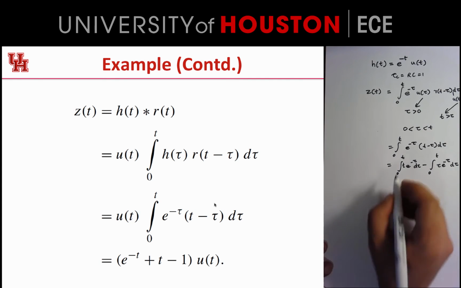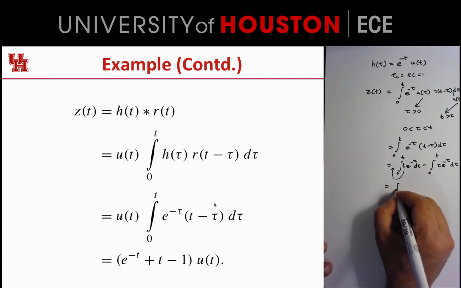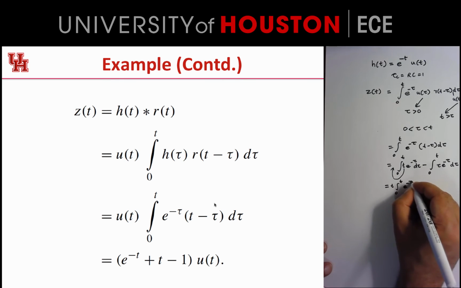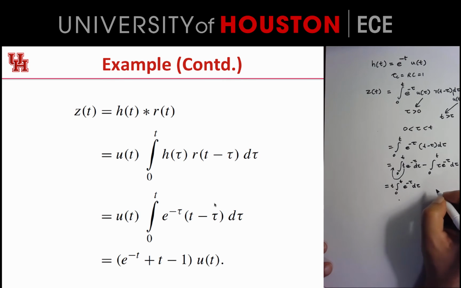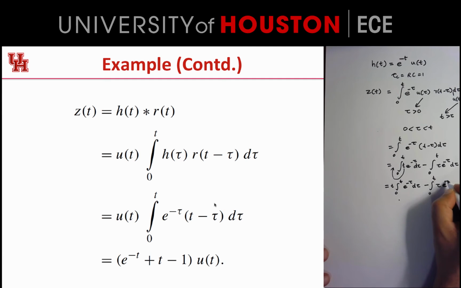This t can come outside. So this is t times the integral from 0 to t e to the minus tau d tau, minus the integral from 0 to t tau e to the minus tau d tau.